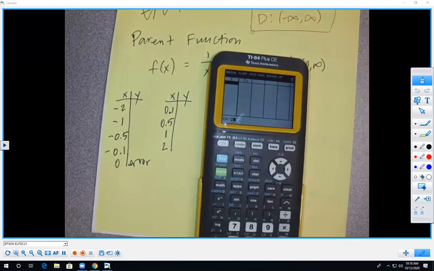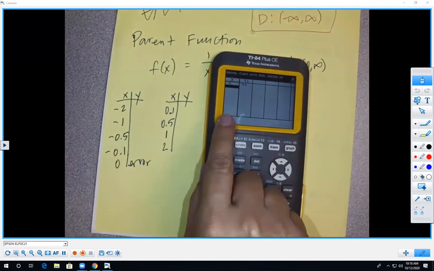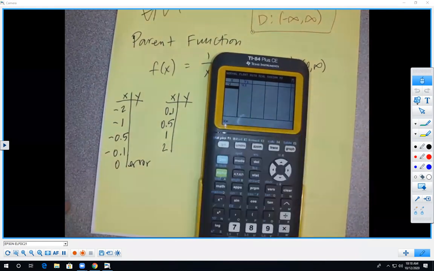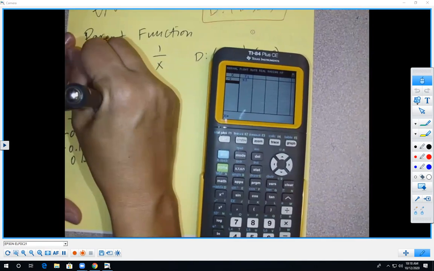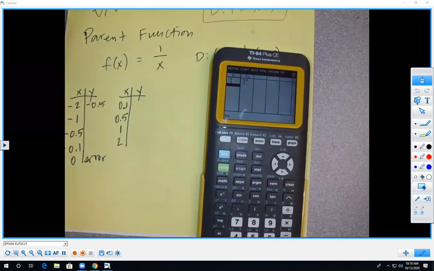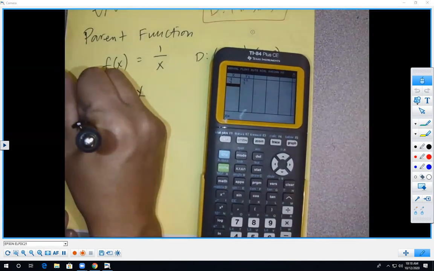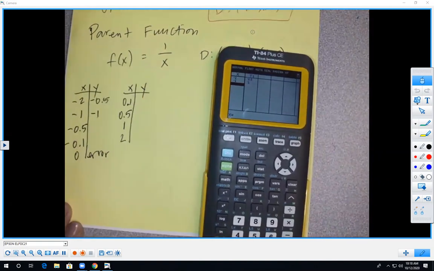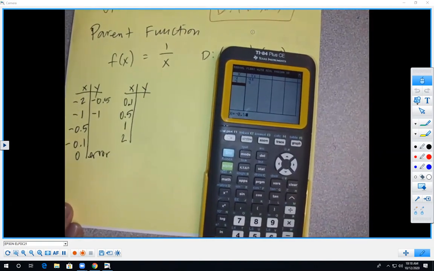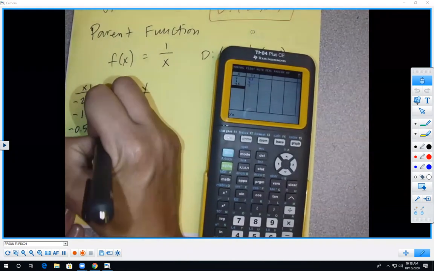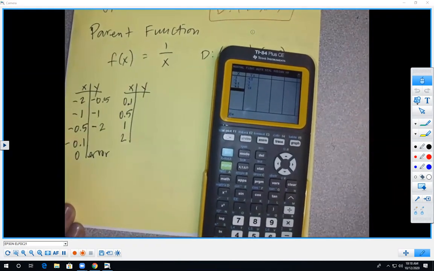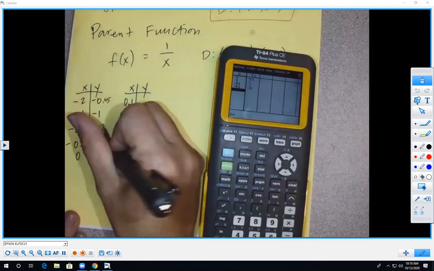Okay, so if I type in -2, it tells me my answer is -1/2, -0.5. When I type in -1, it's just -1. And now I can type in my decimals, -0.5, I get -2. Negative 0.1, I get negative 10.